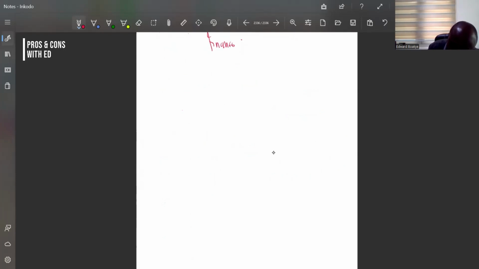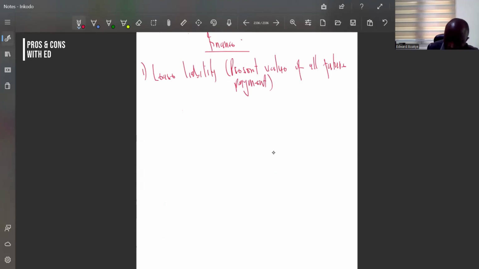Let's make it simple. When we talk about a finance lease, one is to find the present value of all future payments, which is the lease liability. Then two is the right of use asset.